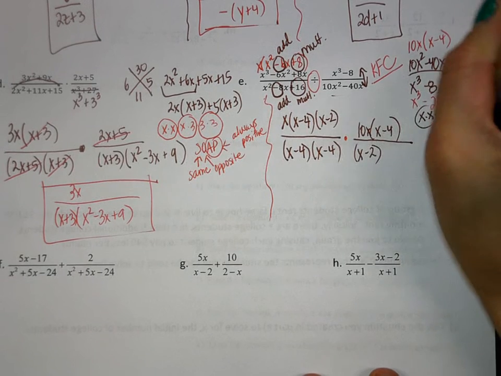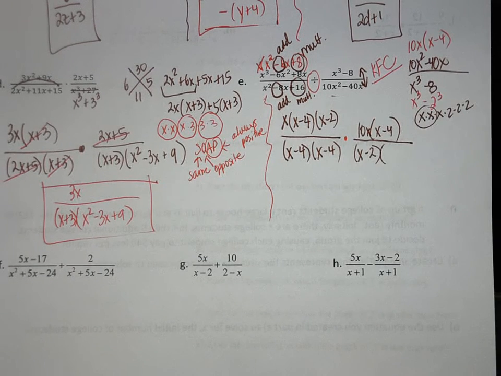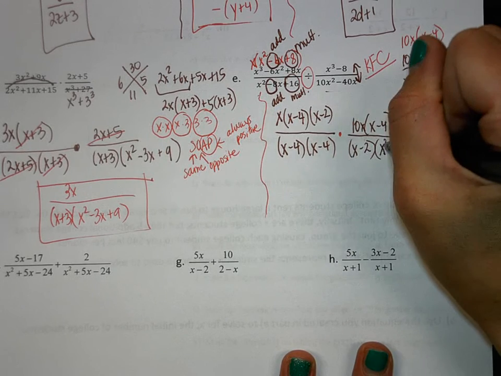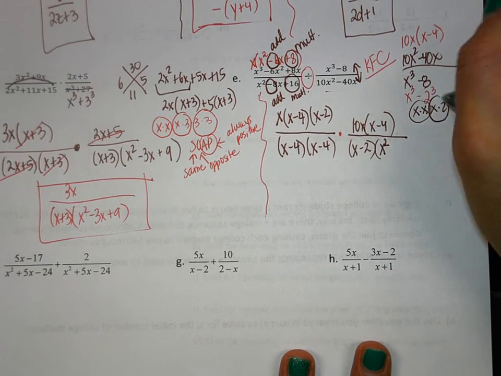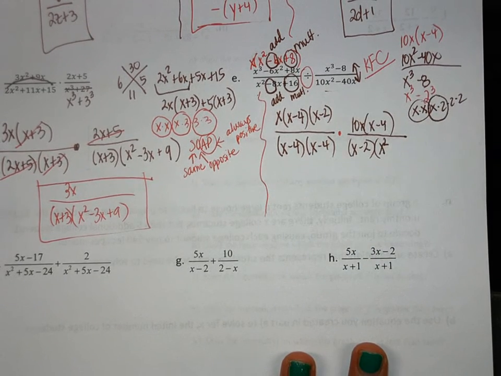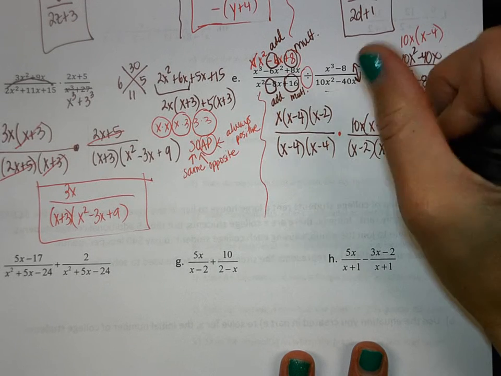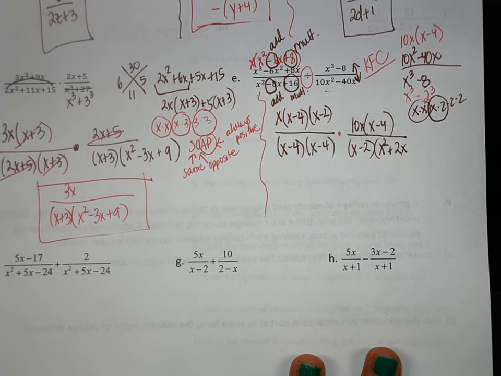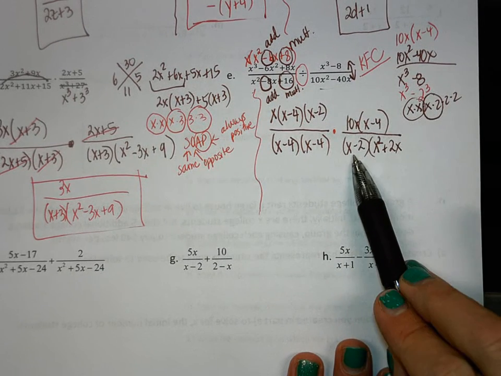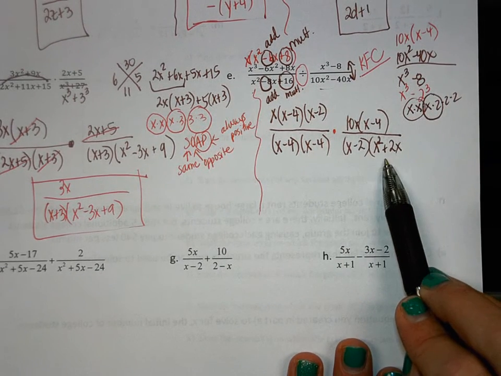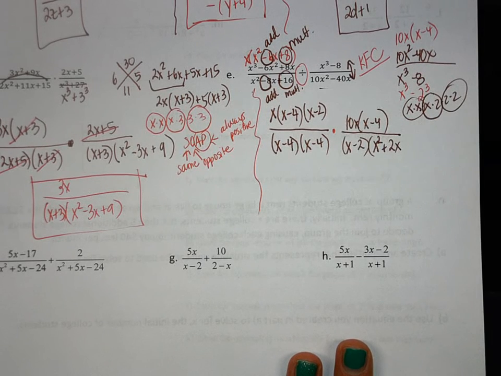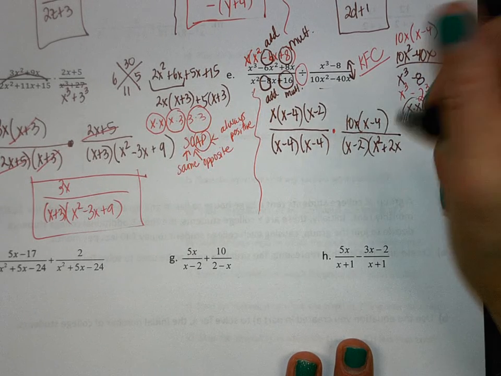So what's the first term in the second parenthesis? x squared. And then the next one will be a plus 2x. Now, why is it going to be plus 2x? Because remember your SOAP, same sign, opposite sign, okay? And then the last one is going to be a plus 4.